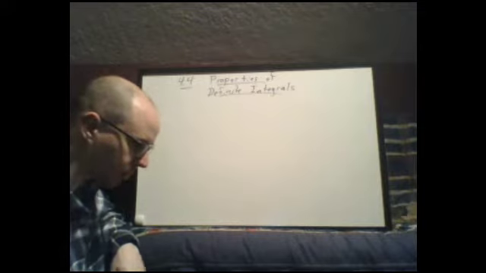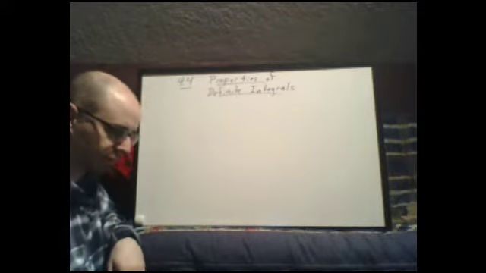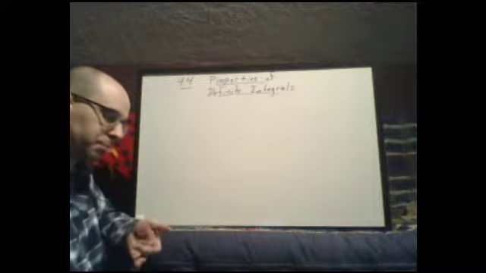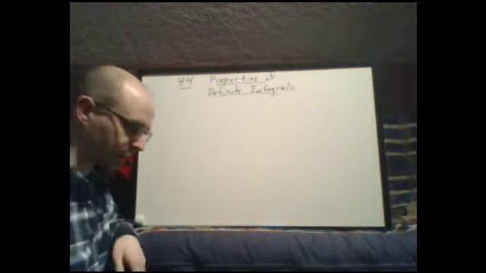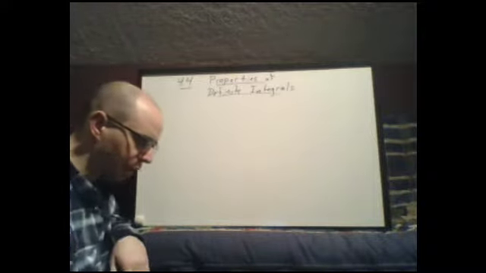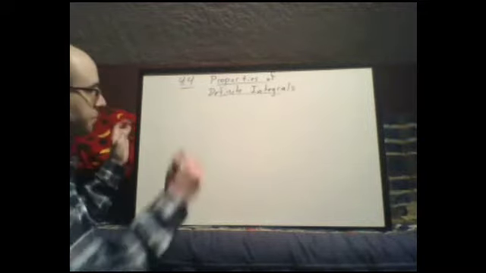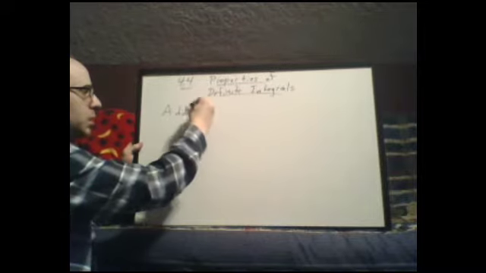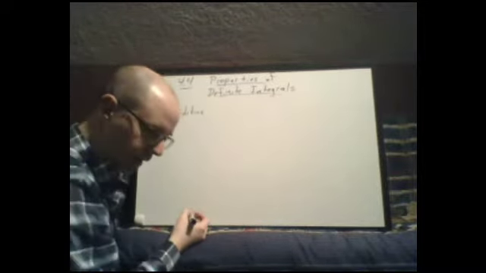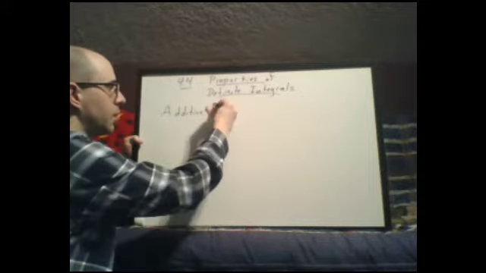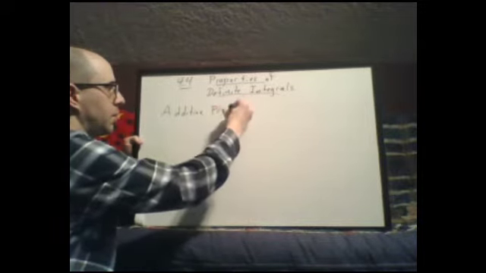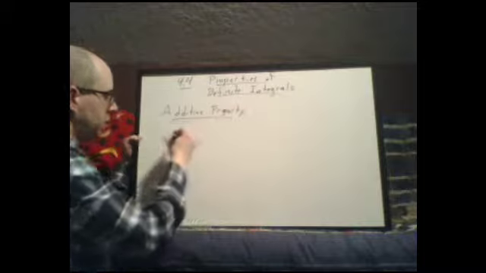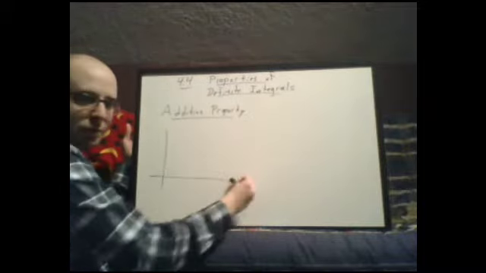So we've already talked about properties of indefinite integrals, like they preserve addition or subtraction and things like that. I don't want to repeat those. I want to talk about some things that are specific to definite integrals. So the first is the additive property, which doesn't mean the same thing as it might have for indefinite. And so what it says is, let's draw the picture first.